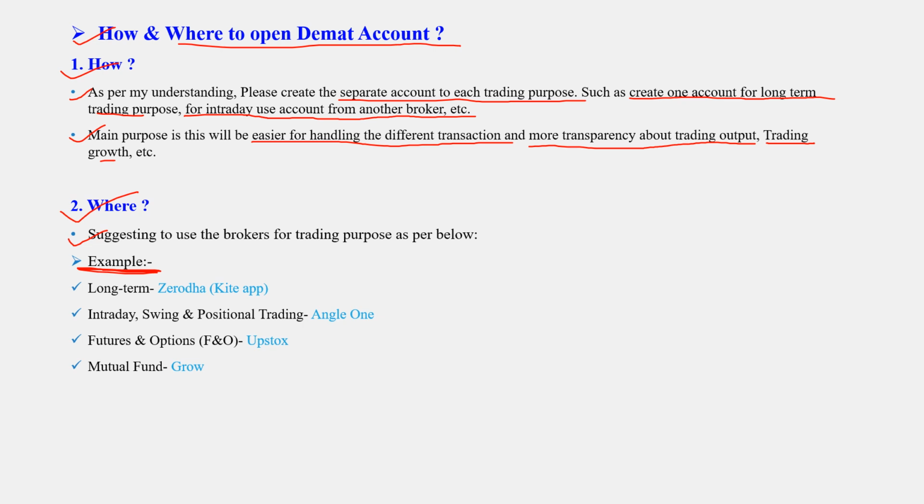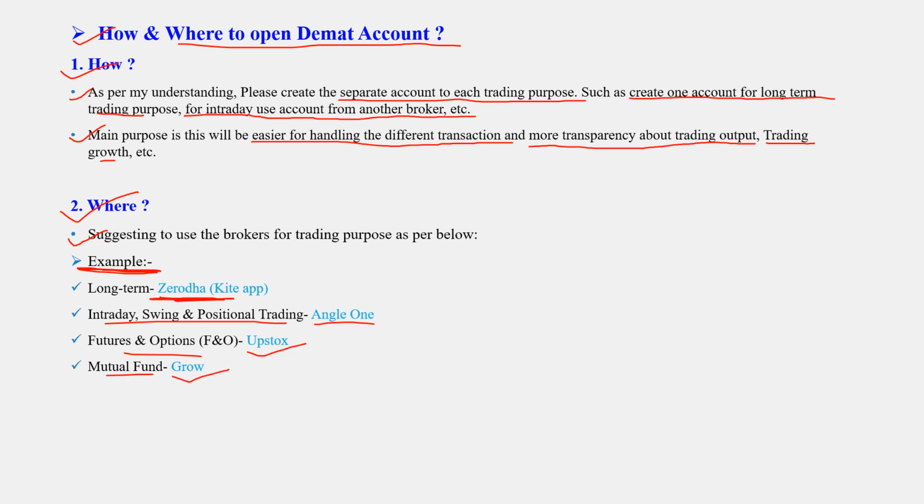By my understanding, for long-term positions and long-term gain, I suggest creating the account in Zerodha. For intraday, swing and positional trading, create the account through Angel Broking, for futures and options through Upstox, and for mutual funds, Groww.